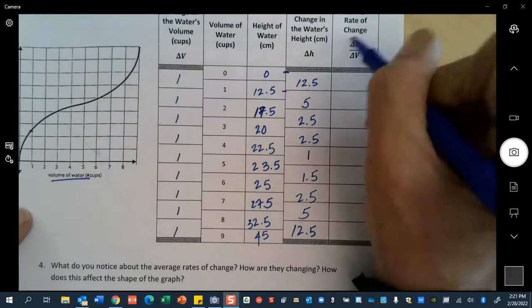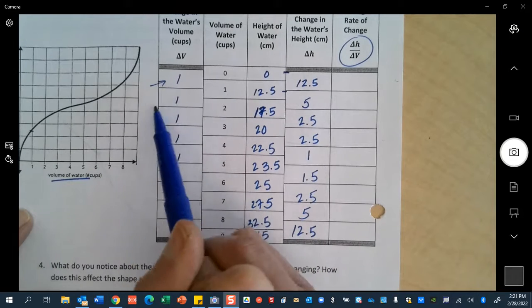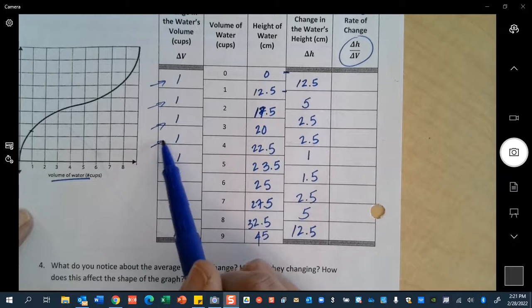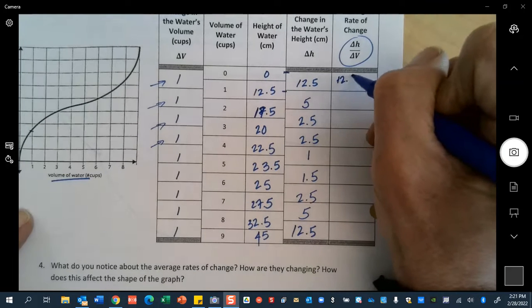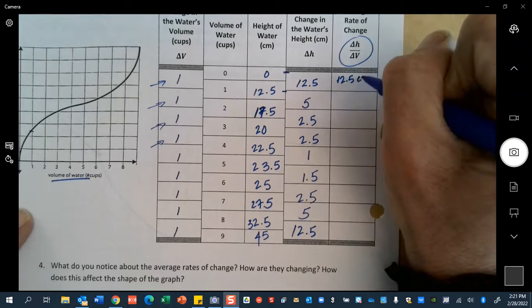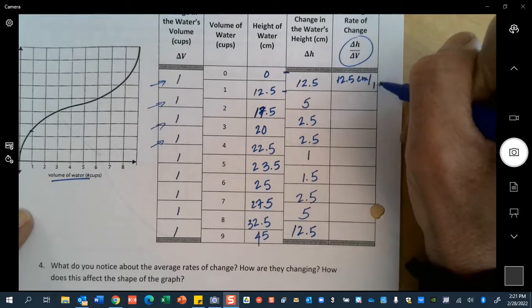So when we're talking about my average rate of change, because each of my measurements are going up one at a time, each of these are going to be 12.5 centimeters per 1 cup.